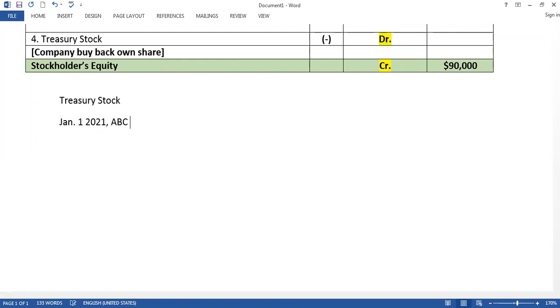ABC company issues, or we can say sells, 20,000 shares. And these shares may be common stock or preferred stock.